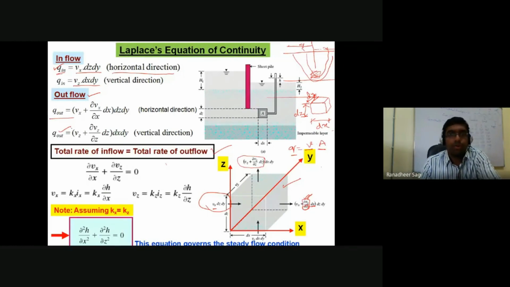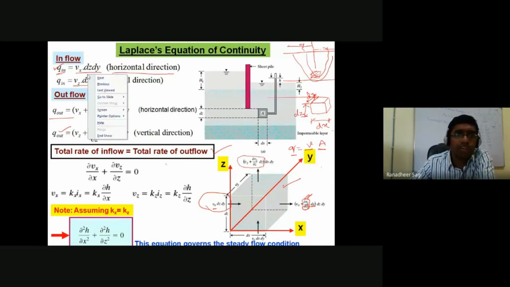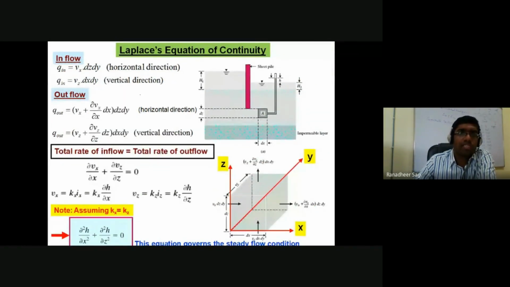If I want to write down the expression for the total rate of inflow, it is the first term plus the second term. So what I get is Vx into dz into dy plus Vz into dx into dy as the total rate of inflow into the soil element, which should be equated to the total rate of outflow in both the x direction as well as the z direction.